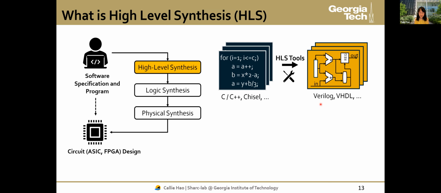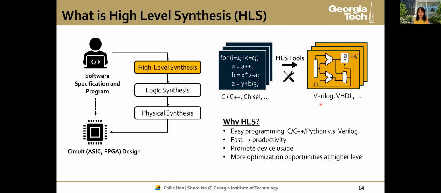This is the overall idea about high-level synthesis. The reason we like high-level synthesis is that it provides an easy programming environment; comparing C, C++, and Python with Verilog, I think a lot of us will prefer C and C++.